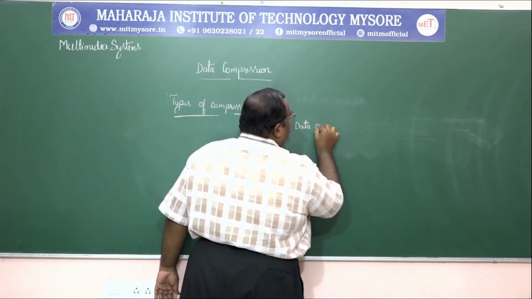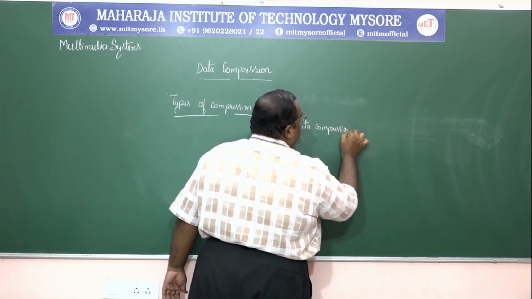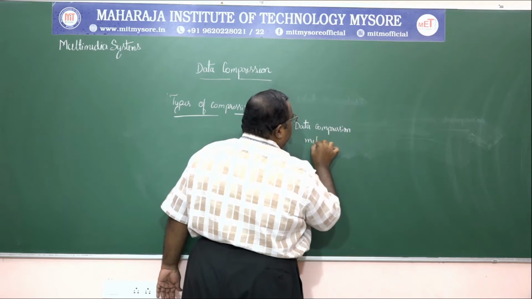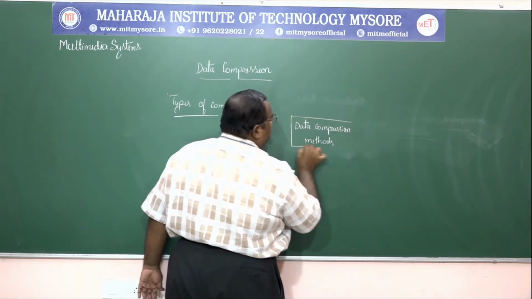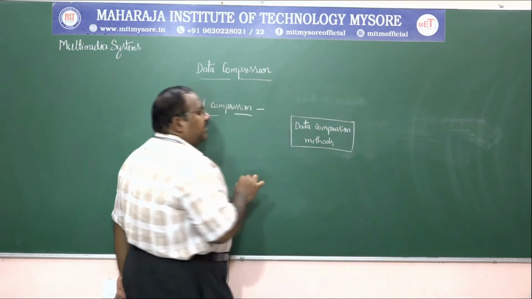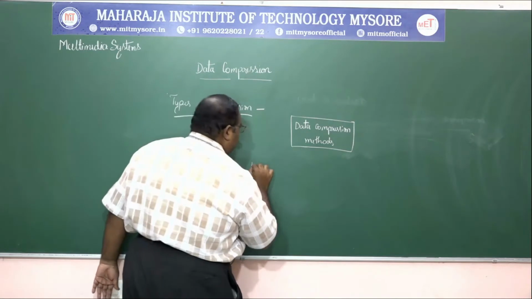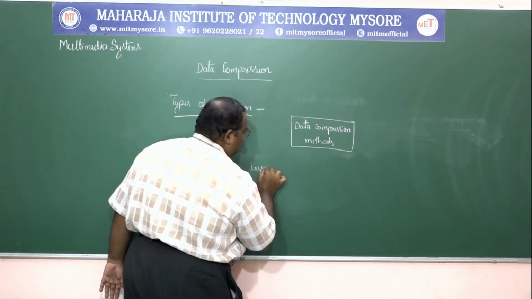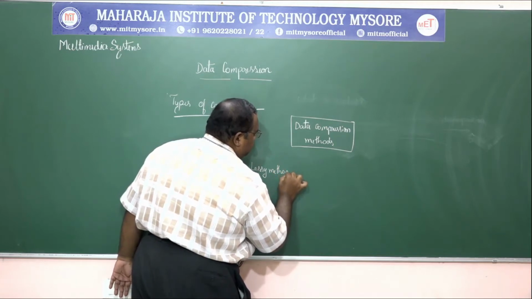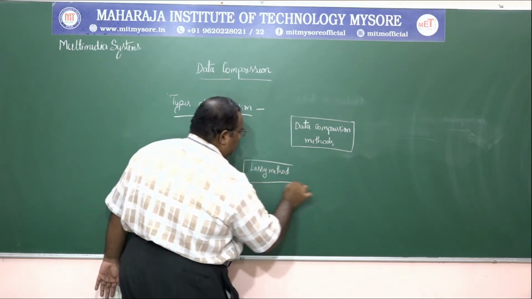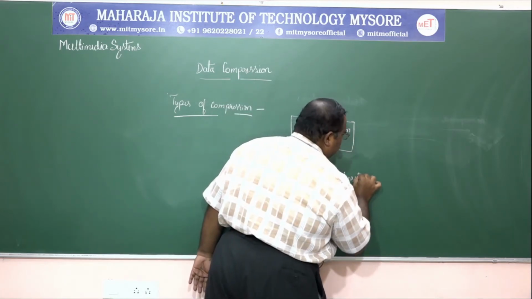This is data compression methods. Data compression methods are broadly classified into two. The first one is the lossy method, the second one is the lossless method.